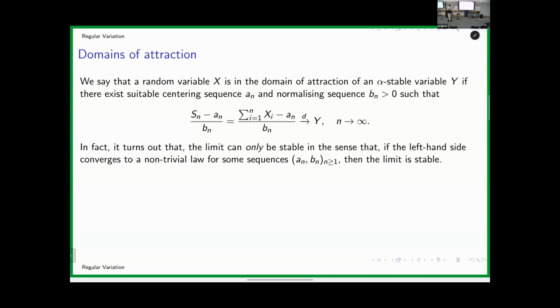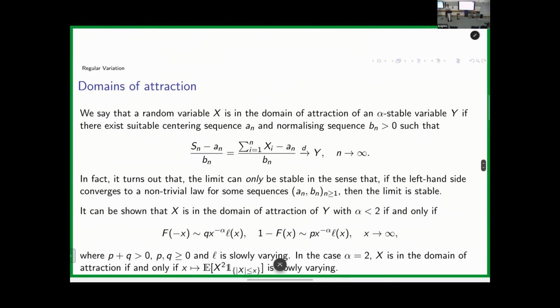We know that, for example, if your variable x has a second moment, then the CLT implies that under suitable sequences an and bn, for example, an equal to n times the mean of x1 and bn equal to the square root of n, you will converge to a normal distribution. Essentially, you're just extending this result to all the variables that don't have second moments. And somehow this already suggests that alpha stable distributions will have heavy tails, and so not have a second moment. And indeed, this will be the case.